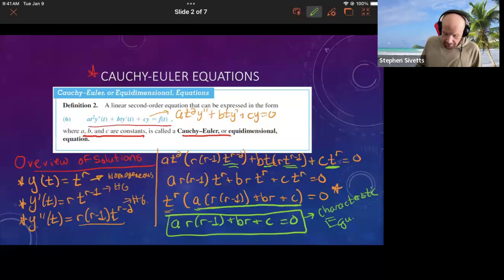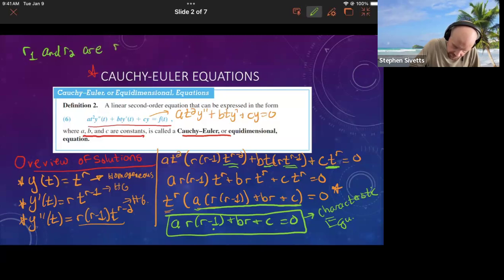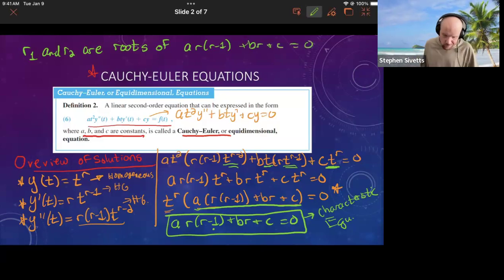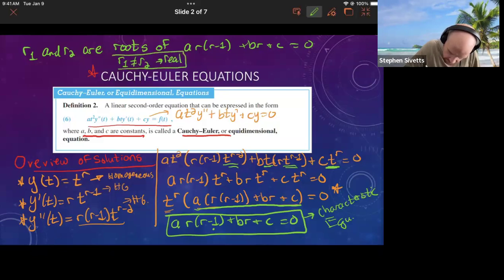Now we're going to have cases. If r1 and r2, let's say, are roots of this equation, a times r times r minus 1 plus b times r plus c is 0, the easy case is if r1 does not equal r2 and they're both real numbers.